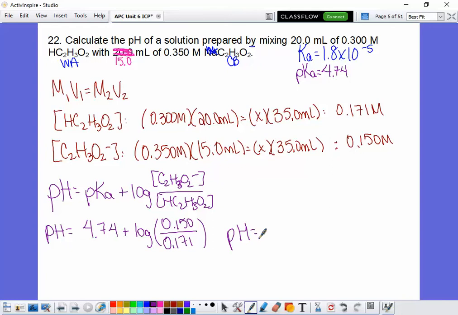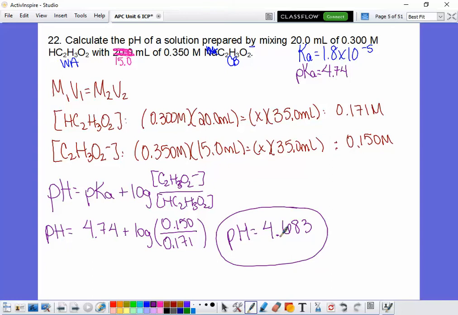It should be close to the pKa, right? Four point what? 683. So we're going to do 3 sig figs. You're always going to base your sig figs off of your concentrations and volumes, never off your Ka, because the Ka is a constant. So use the values given in the problem, like the measured values.